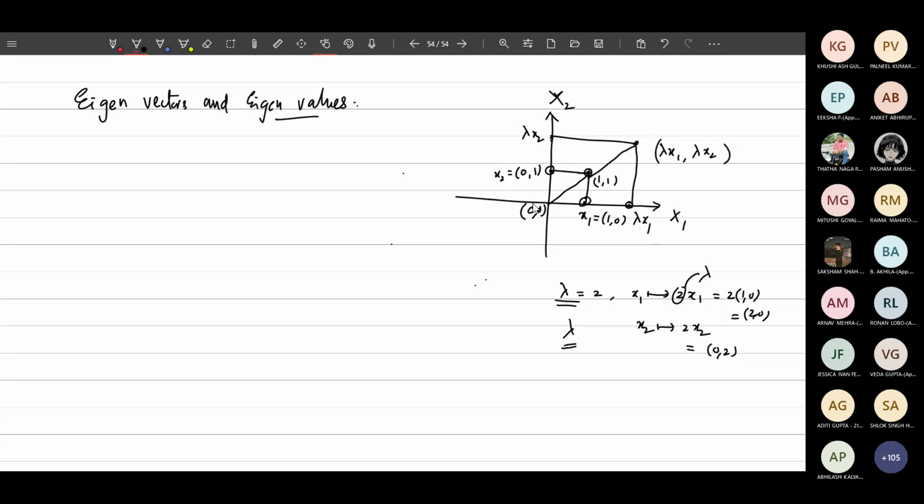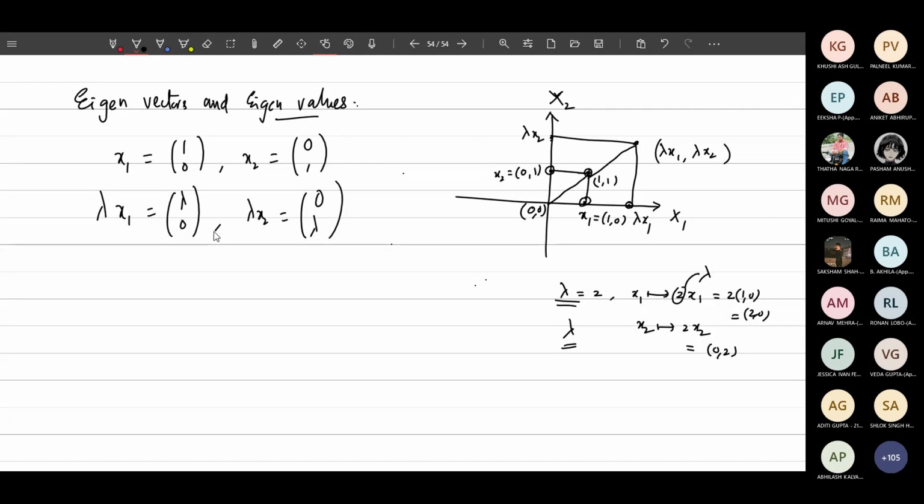So given vectors, x1 is the column vector 1, 0, and x2 is another vector 0, 1. Lambda x1 stands for lambda, comma 0, and lambda x2 stands for 0, comma lambda, because you just multiply.